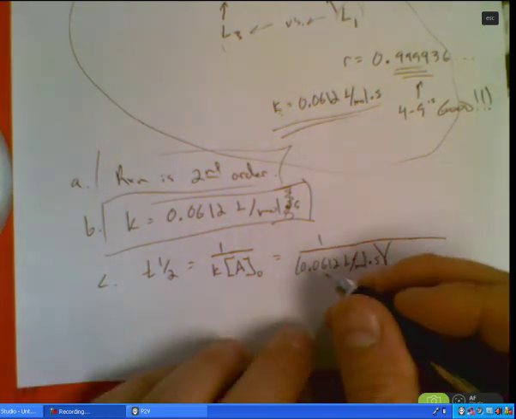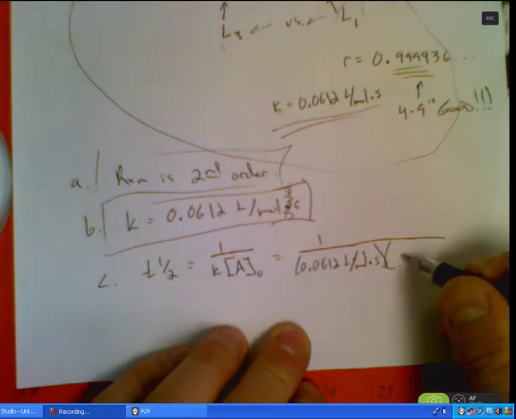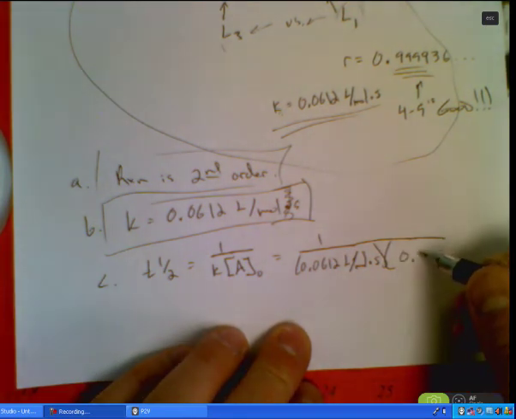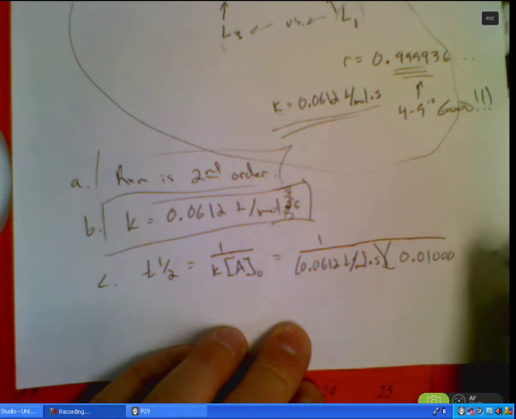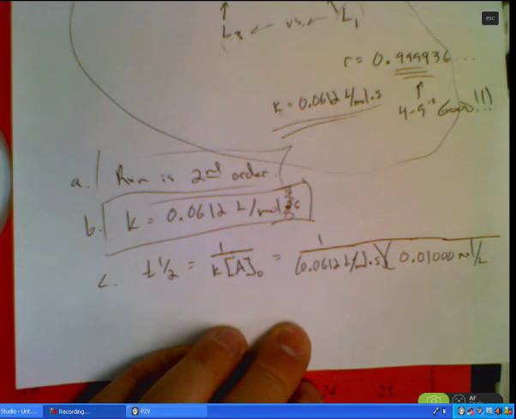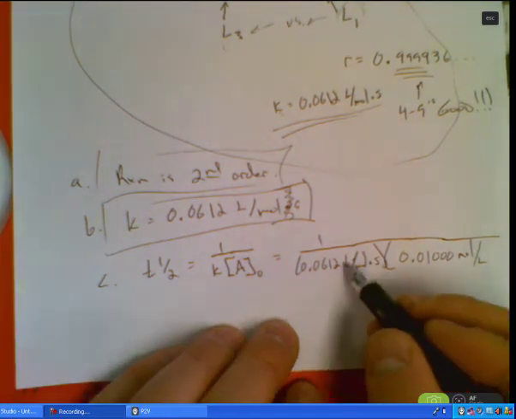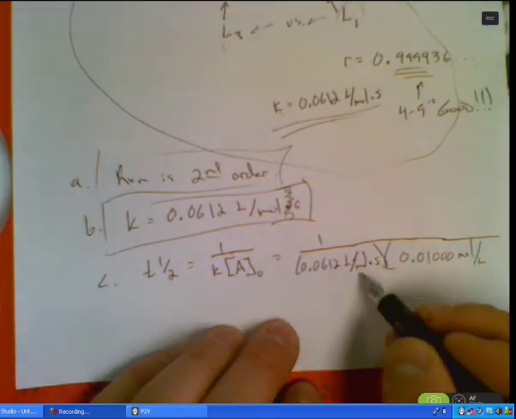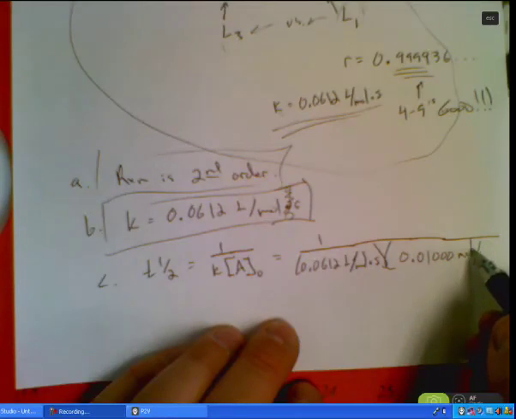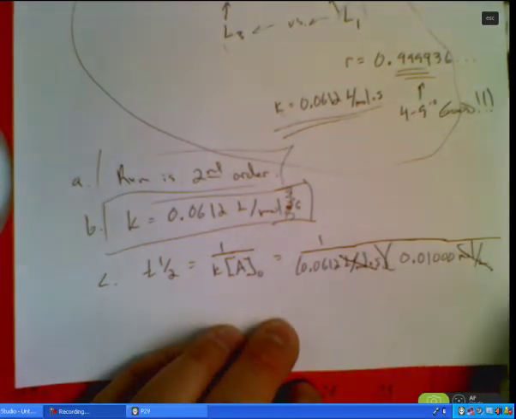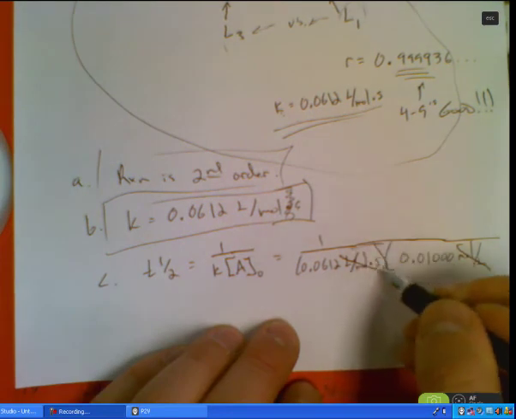Looking back to page 578 in the data table, it was 0.0100. Concentration was in moles per liter. So what we have is liter over liter, mole over mole here. If you multiply these two together, basically they're going to cancel. You still have per second right here.